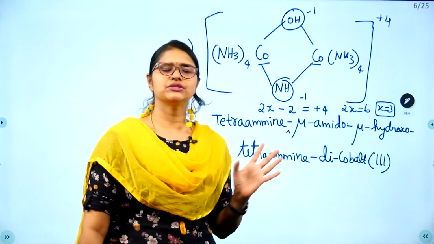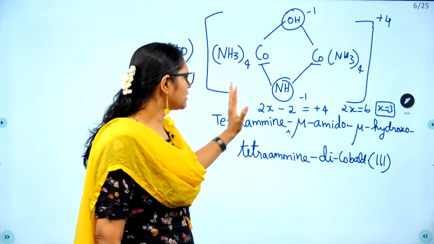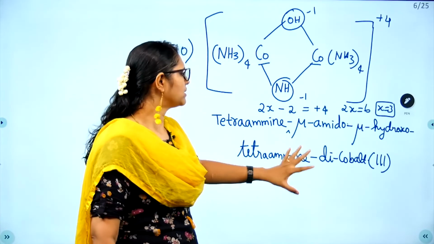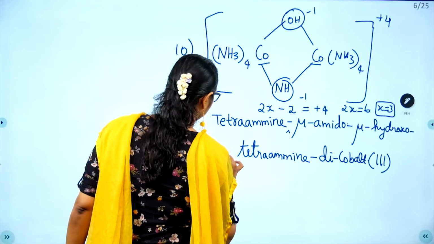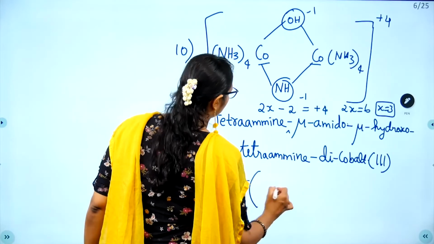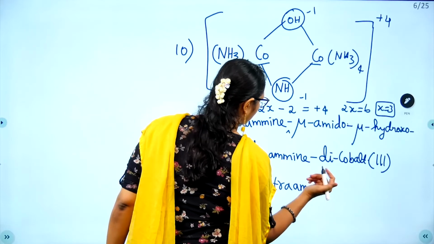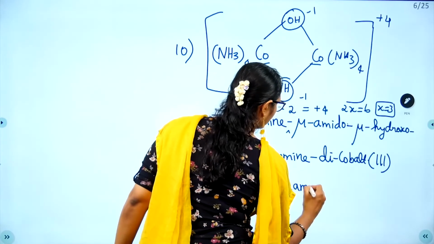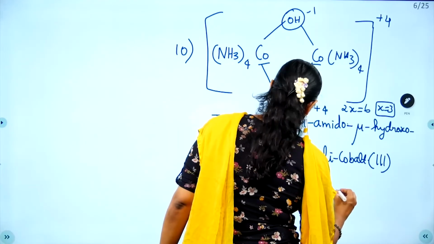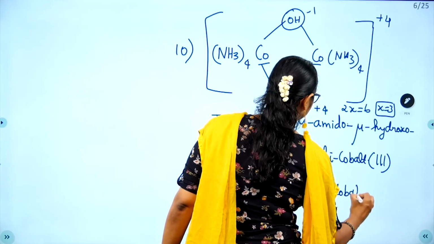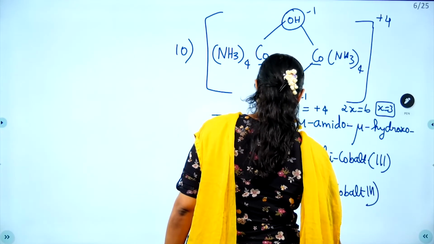So how to name the bridging ligand complex? You have to start from one side and end with the other side, okay. So tetraamine mu-amido mu-hydroxo tetraamine dicobalt(III). The other way of writing is bis. You can put bis and write tetraamine cobalt, okay.